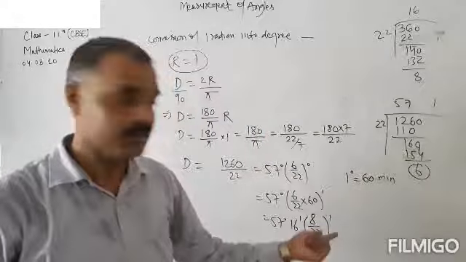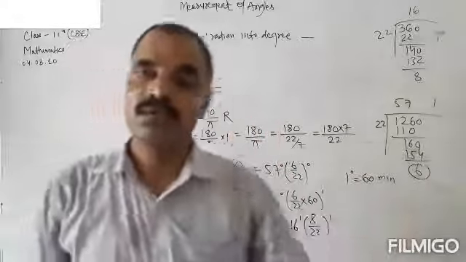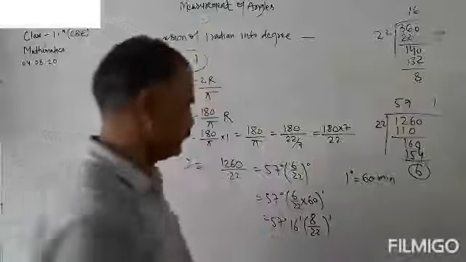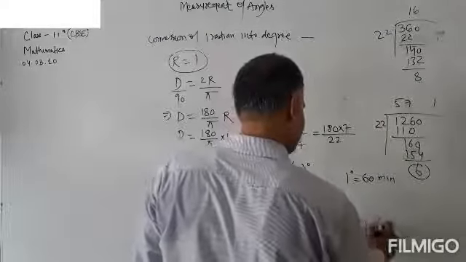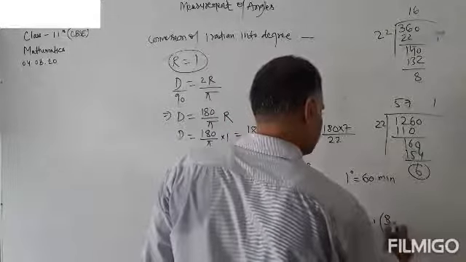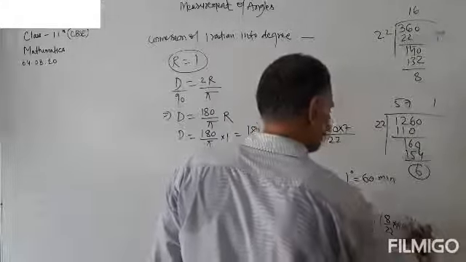Now we will convert this decimal minute into seconds. So this is equal to 57 degrees, 16 minutes, and 8 by 22 into 60 seconds.